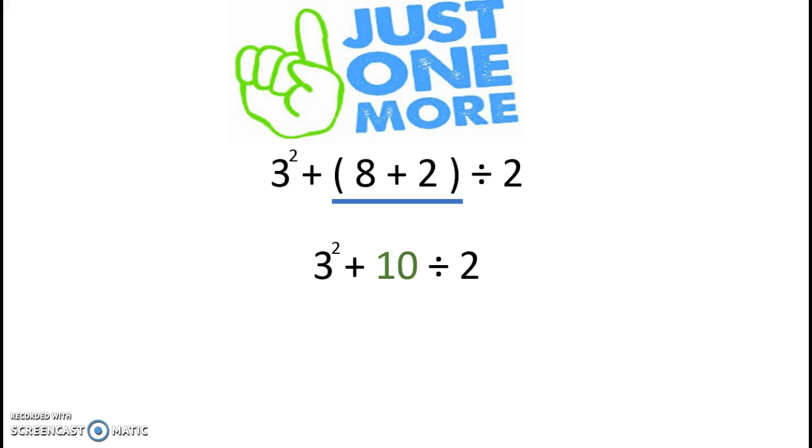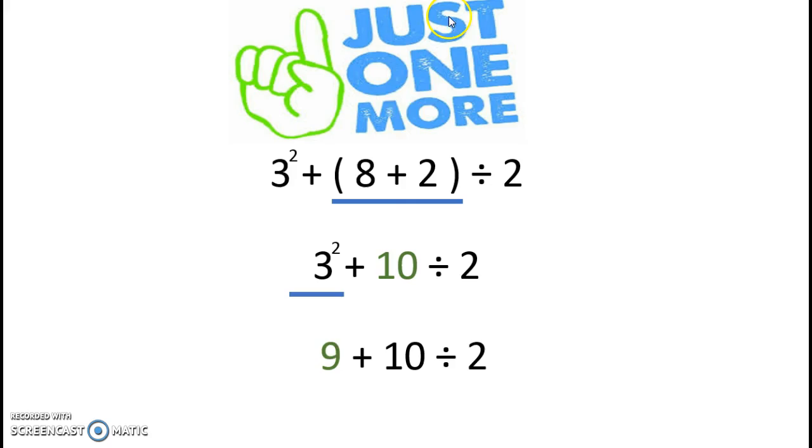We did parentheses, so please excuse. Excuse stands for exponents. I do have an exponent right here, 3 squared. 3 squared stands for 3 times 3, which is 9. So 9 plus 10 divided by 2 will be our next problem.